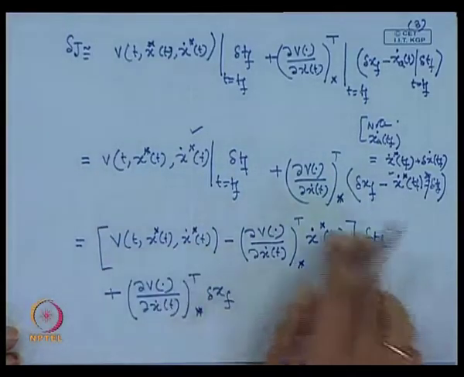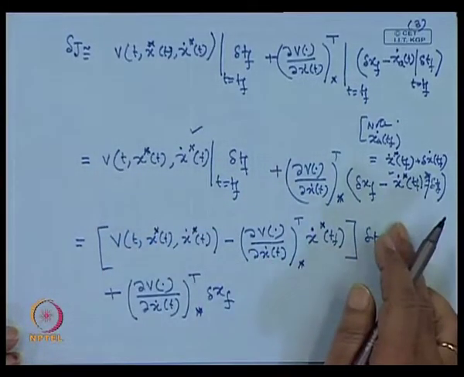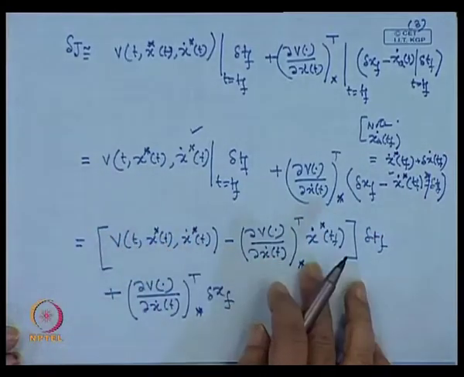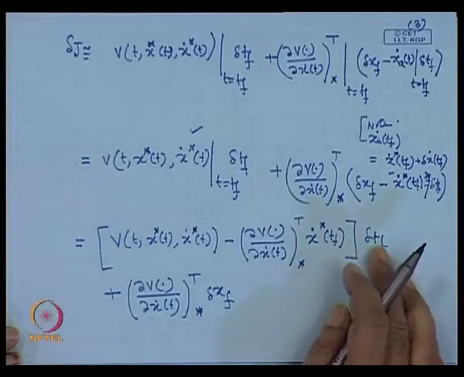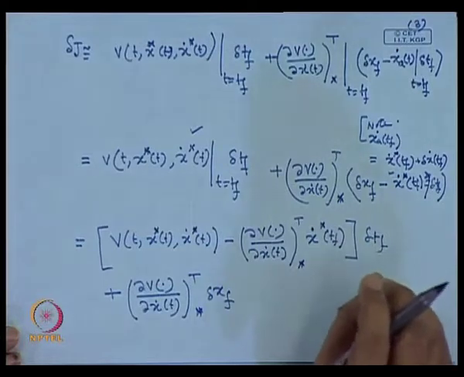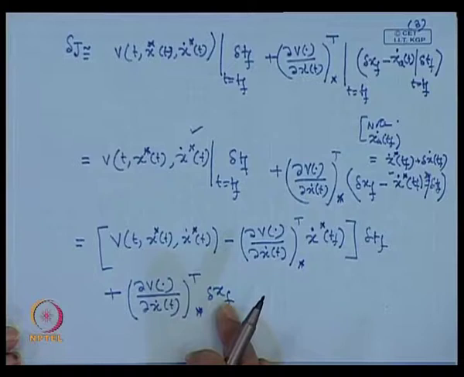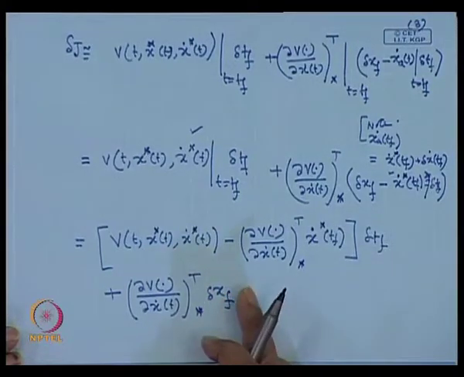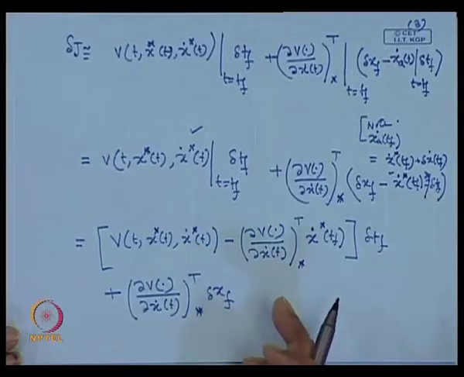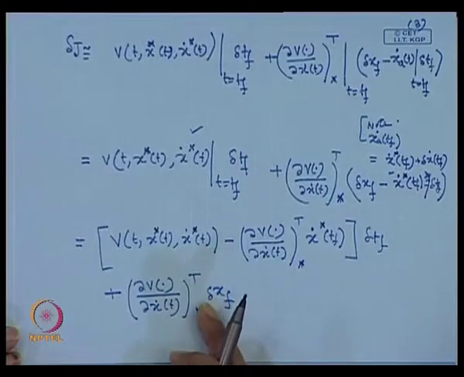So, in order to make delta g 0, when delta T f is not 0, this must be 0. If delta T f is 0, it means the final time is fixed. On the other hand, delta x f is arbitrary, that means x f, the final point of x, is arbitrary, then delta x f is not equal to 0.